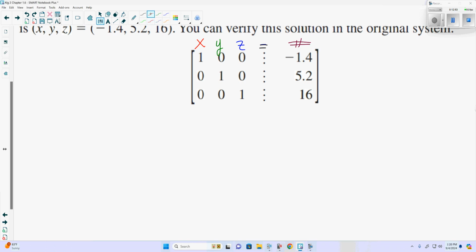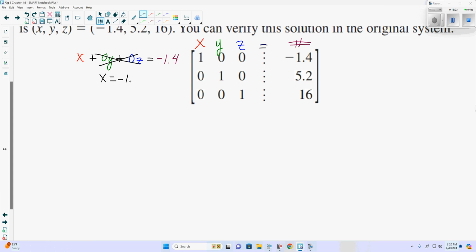So the first one, we have 1x plus 0y plus 0z is equal to -1.4. That's what the first line's telling us if we go back the other way, yes? Do we really write 0y or 0z? No. So this is really telling us what?